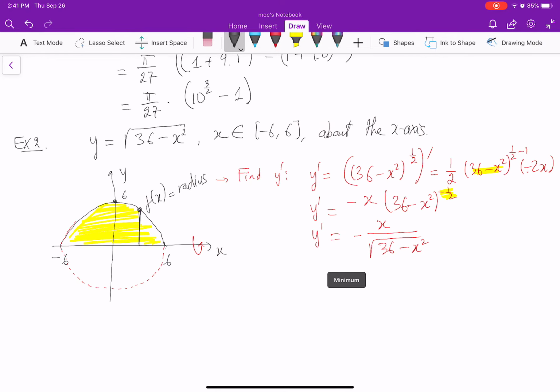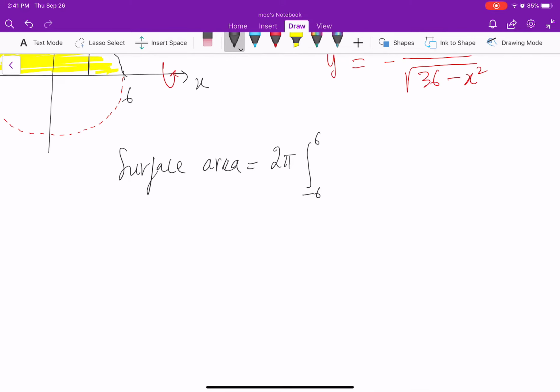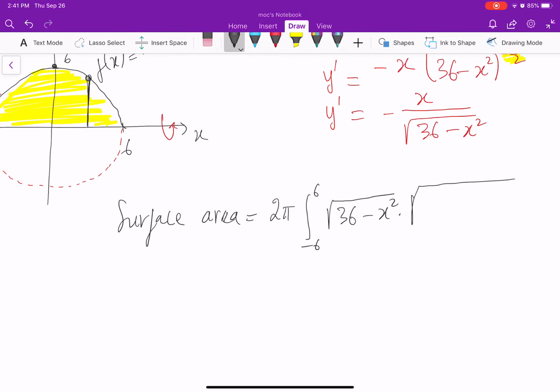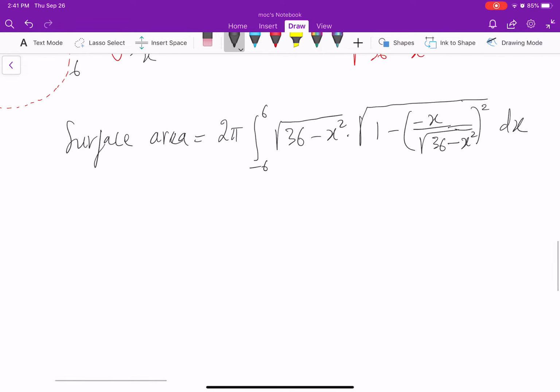So I can write the formula: surface area is equal to 2 pi integral from -6 to 6 of f of x, the square root of 36 minus x squared. Inside I have the square root of 1 minus y prime squared, that is -x over the square root of 36 minus x squared, and then squared, dx. Let's simplify this integral.